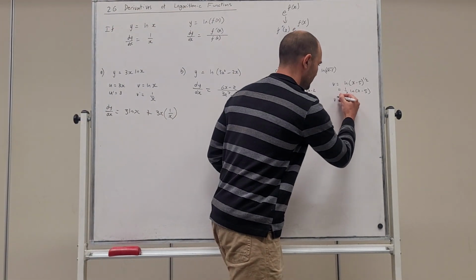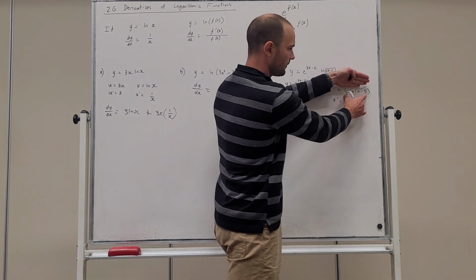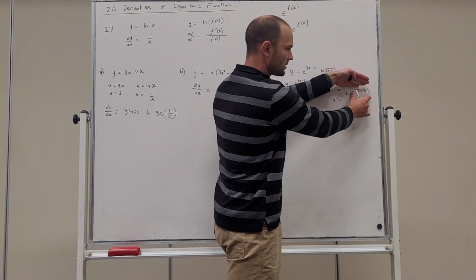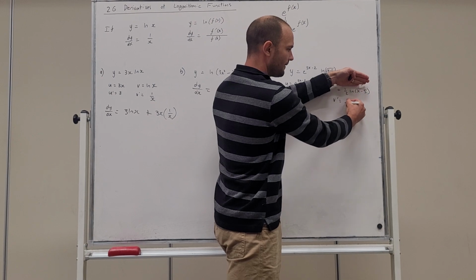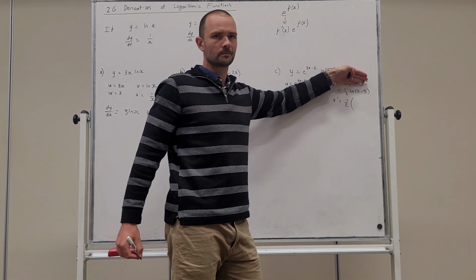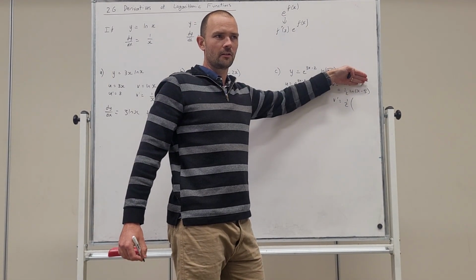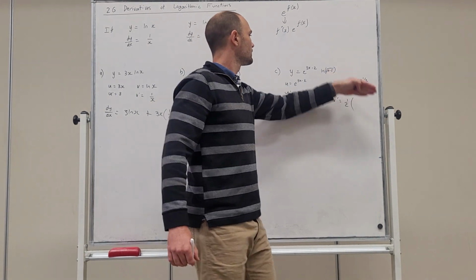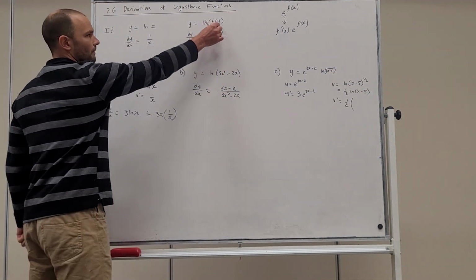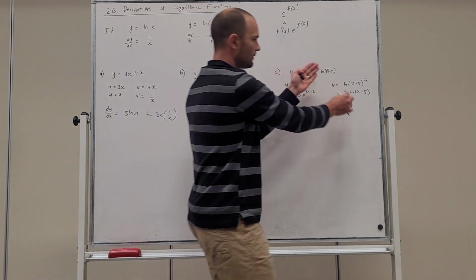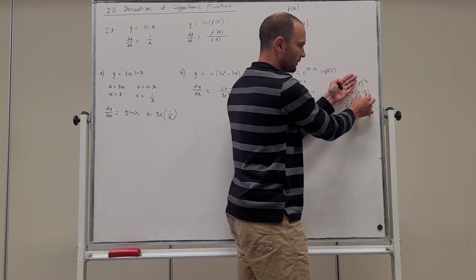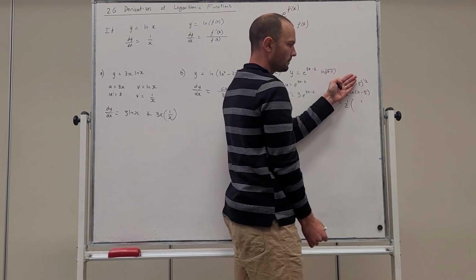So if I've got v here, I'm going to use this form. We've got half times ln of a function. The half is just going to hang out, and then I've got ln of x take 5. So, ln of a function, we put the derivative of x take 5 at the top. The derivative of x take 5 is just going to be 1.